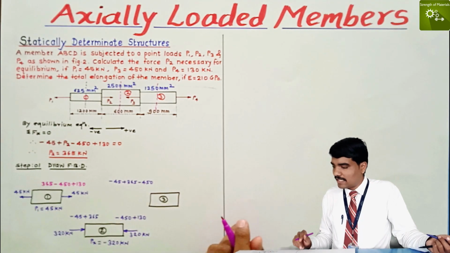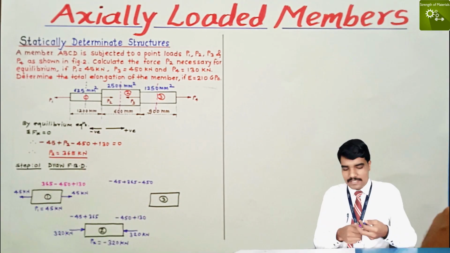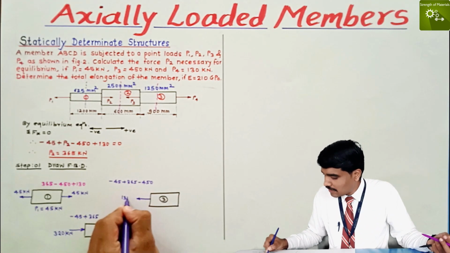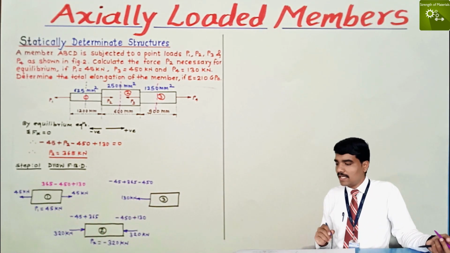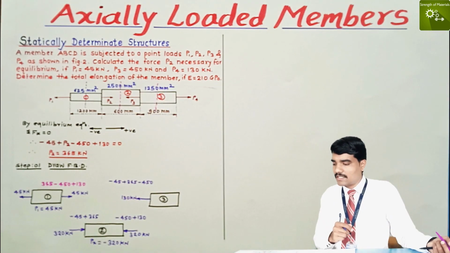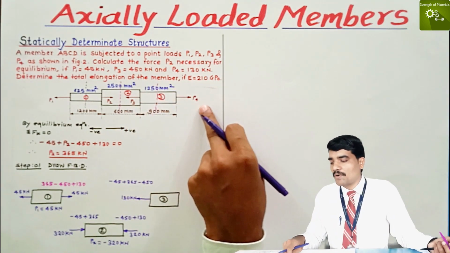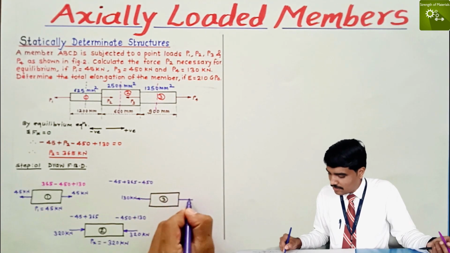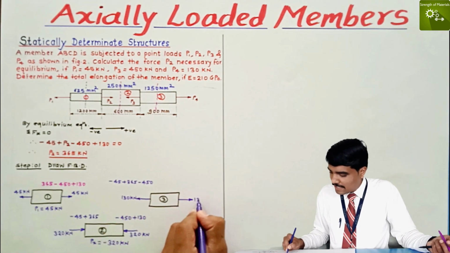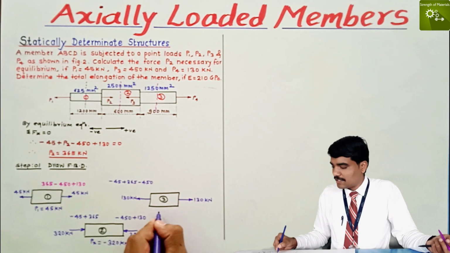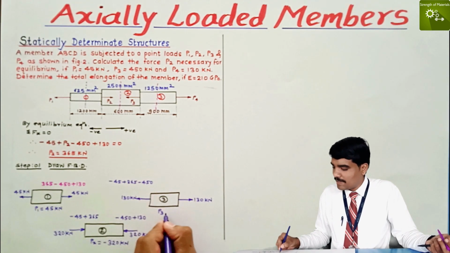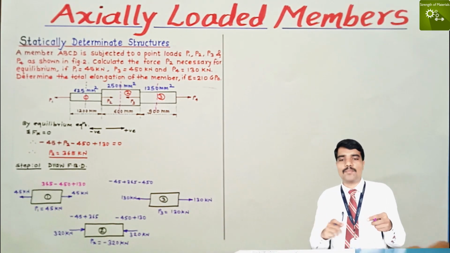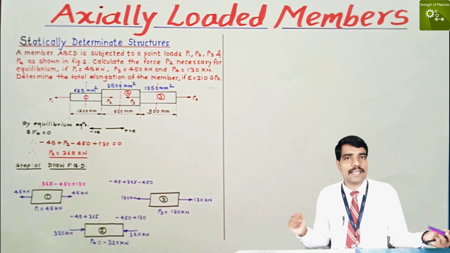Minus 130 means it goes towards the left side. Here I draw that force, it is 130 kilonewton. Then see the right side of forces. There is only one force, P4, and it goes towards the right, it is positive and it is 130 kilonewton. Both the forces are equal and opposite, so our calculation is true and we got the force in the third member, plus 130 kilonewton, because it is tensile, pull type. So our step 1 is completed.